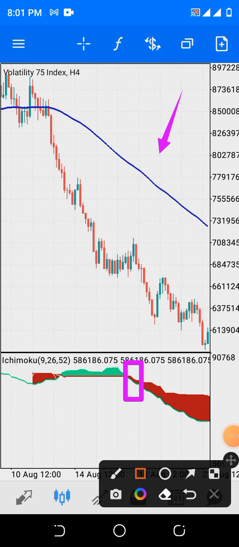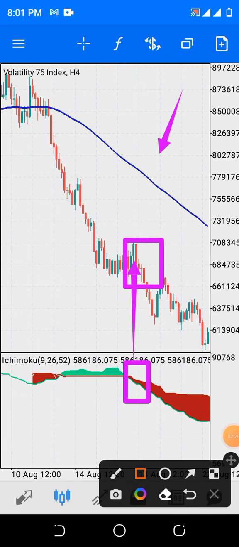That is where we will establish our sell signal. When you trace it up, our sell signal should be here.